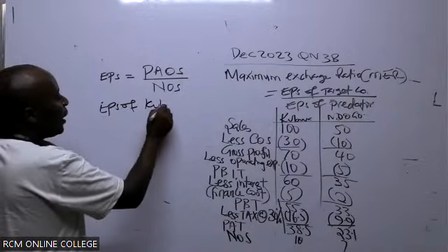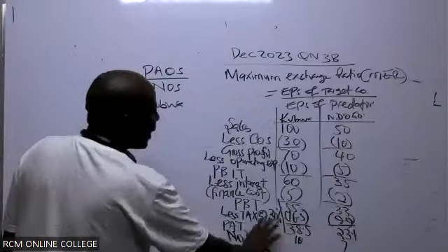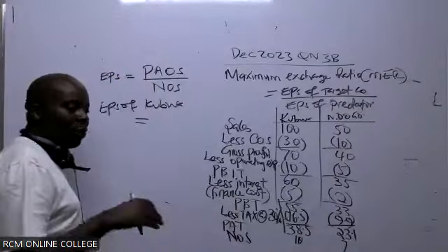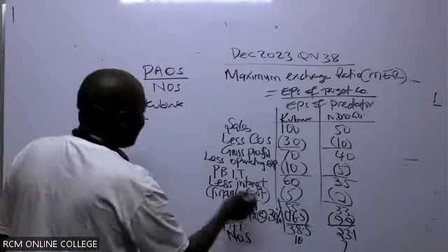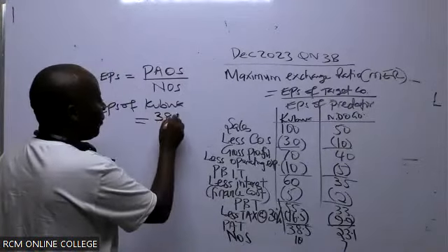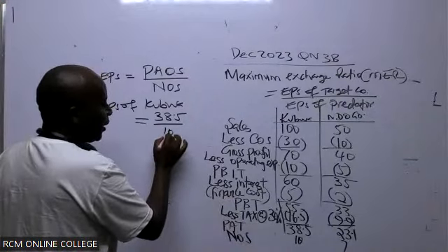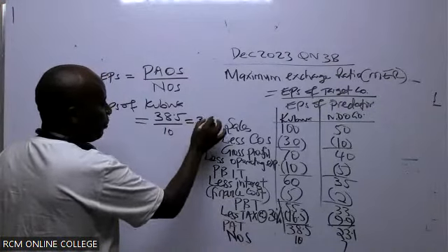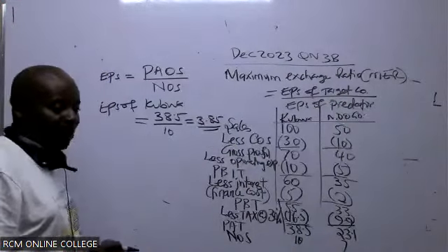EPS of Kubwa. All these profits here are attributable to ordinary shareholders because we don't have any preferential shareholders. So then here we have 38.5. We divide this by the number of shares outstanding, which are 10. So EPS of Kubwa will be 3.85.